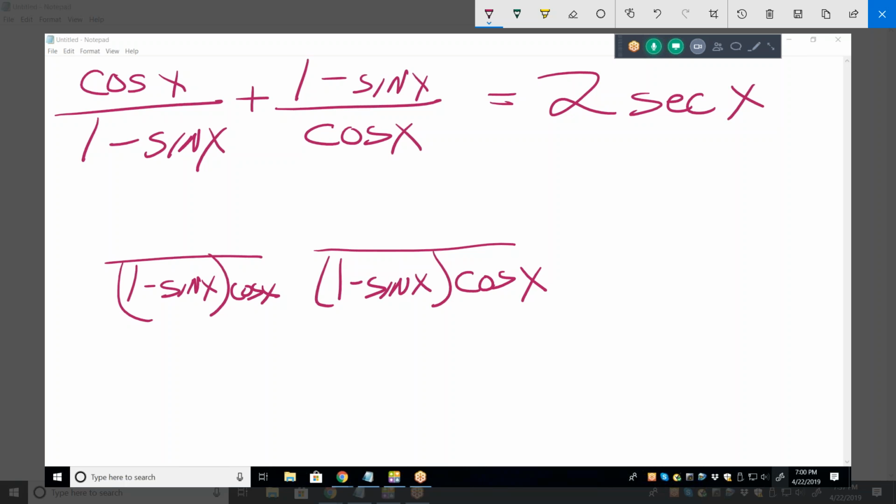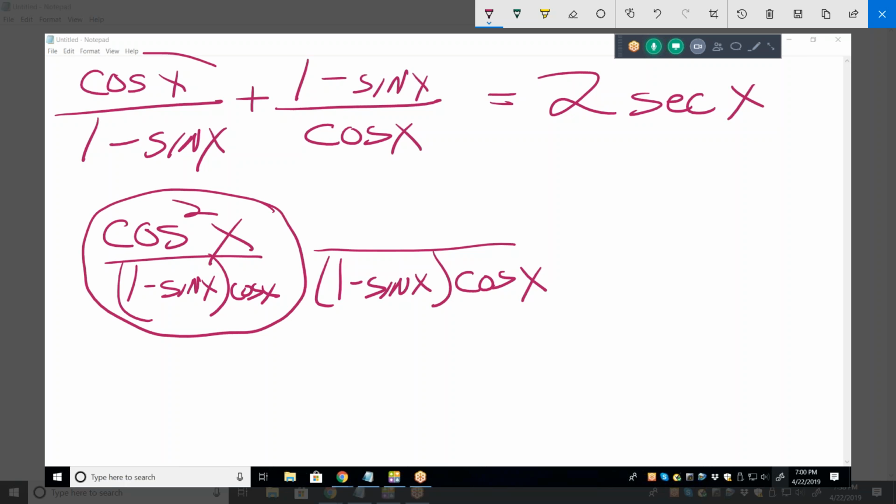Cosine squared x goes in the top left, and then the only thing I'm concerned with is that this is the same as that, and I can see that it is. Okay. So what goes in the top right?